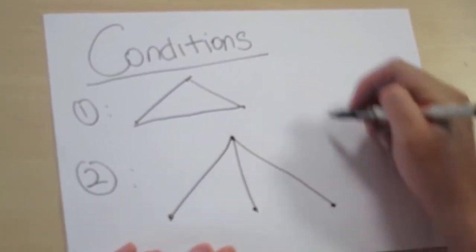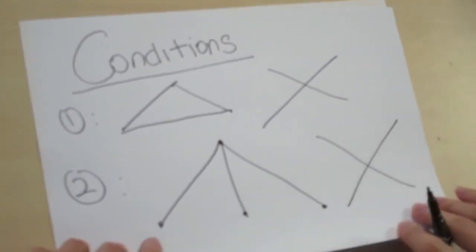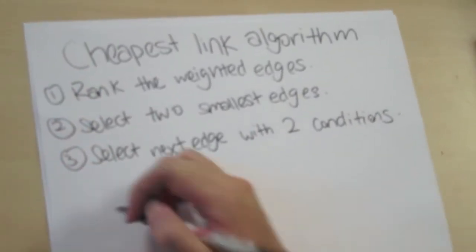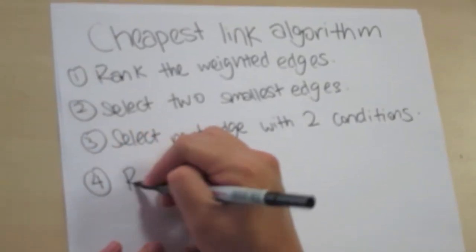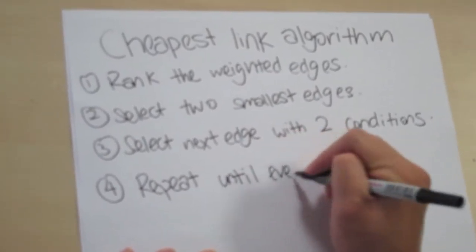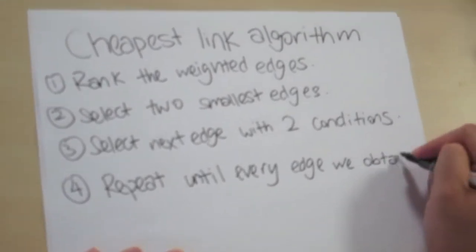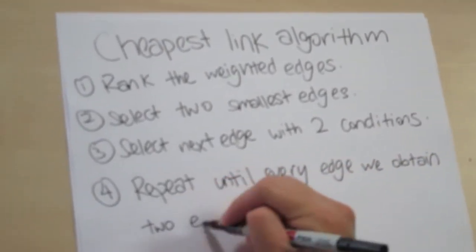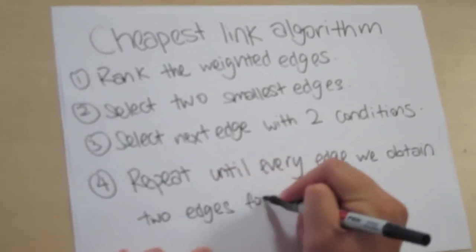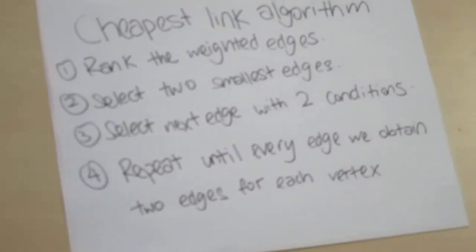If either one of the two conditions is true, we do not select the edge. We then consider the edge with the next smallest weight. We repeat the steps until we obtain 2 edges for each vertex. This will form a Hamiltonian circuit. No matter which vertex we use as the starting point, we will pass through the circuit with the same total weight.